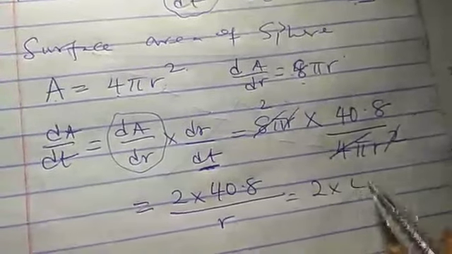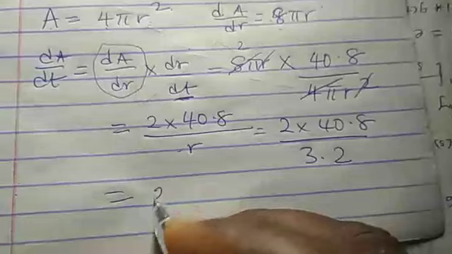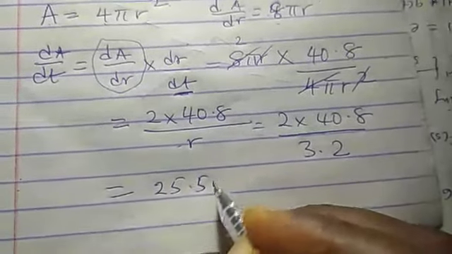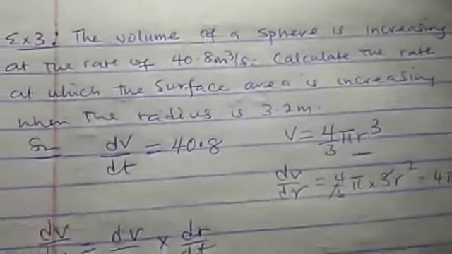This is 2 times 40.8 over r. Our r in the question is 3.2. The radius is 3.2, so I'll come here over 3.2. Then with our calculator, we have 25.5 meters square per second. So that is the final answer to this question.